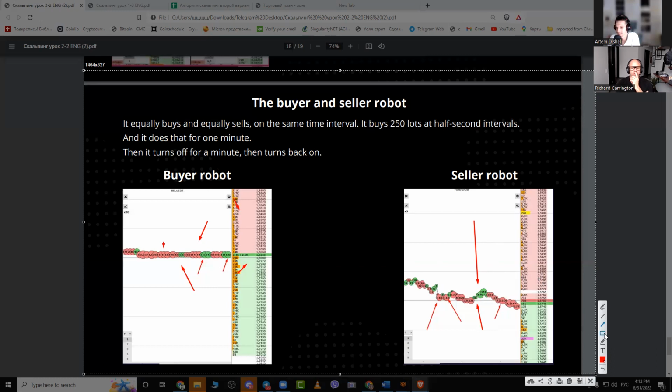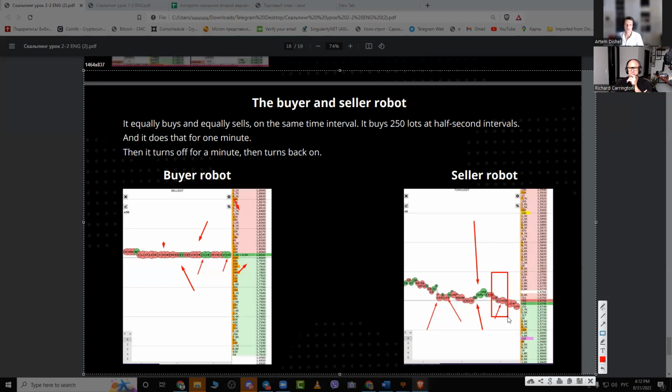And sometimes we can see a big market order, big circles, a big green circle or a big red circle. When you see a big market order, usually you can see the next impulse up, minimum 1-5%, sometimes 10%.